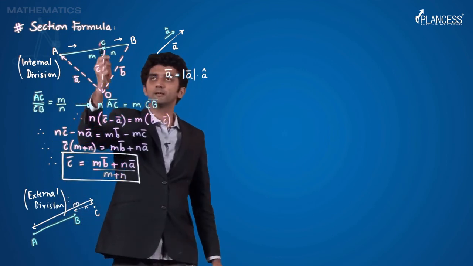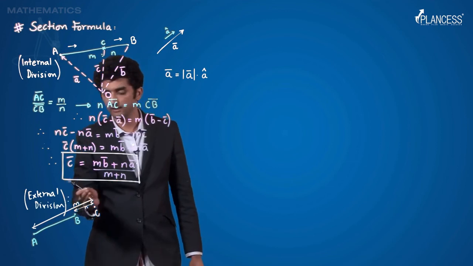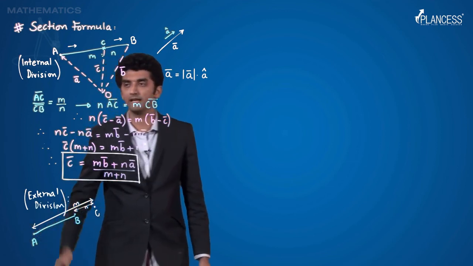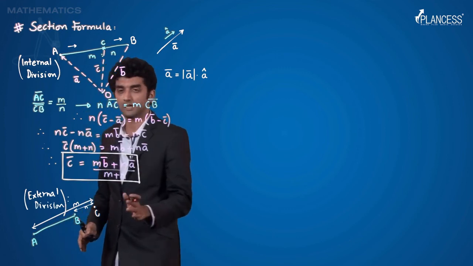Here also AC upon BC is m is to n. We are talking about the magnitudes. Even here AC upon BC is m upon n, right? The same thing is happening here as well. It's just that the point C is outside.